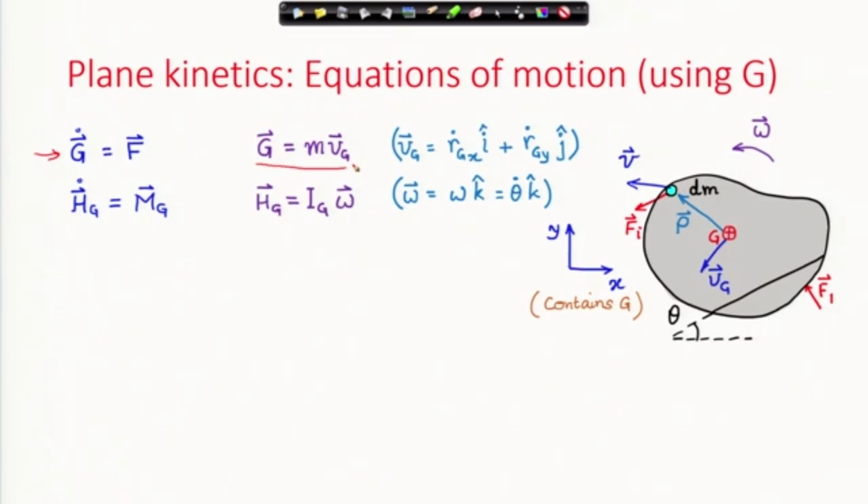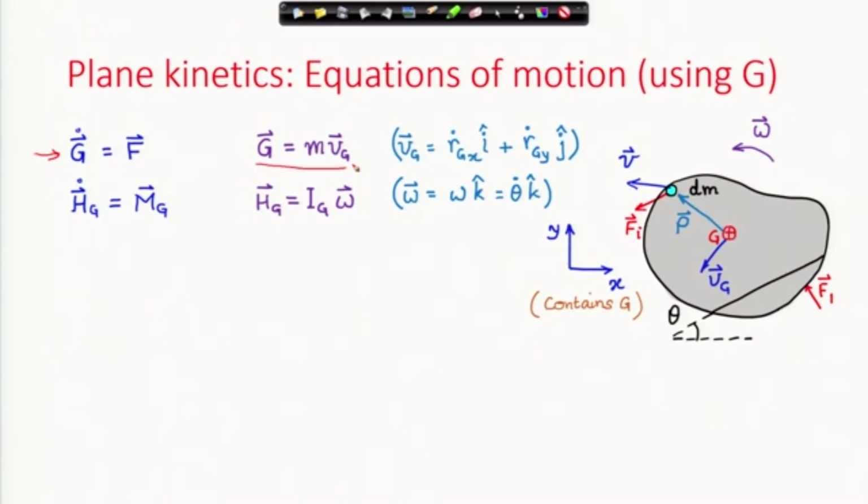The equation of motion for the rotational dynamics, which is the angular momentum equation about G, is given by: the rate of change of the angular momentum about G is equal to the moment of all forces about G. And we have looked at the expression of the angular momentum about G. It is equal to the moment of inertia about G times omega. Under the simplifications that we have, the moment of inertia about G in this case of planar kinetics has become a scalar.